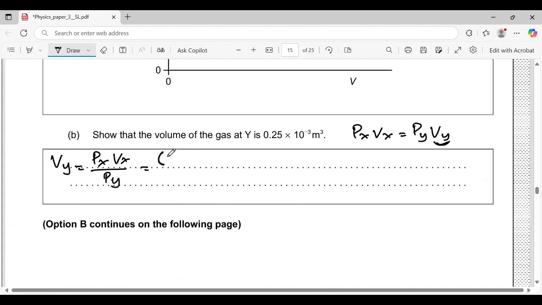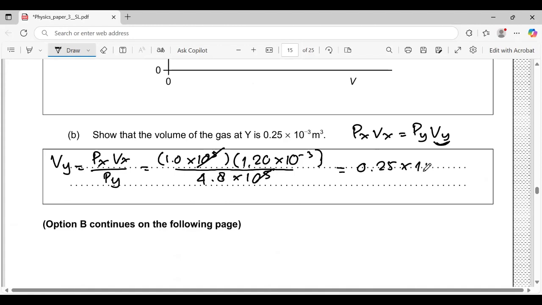It's going to be 1.0 times 10 to the power 5 times 1.20 times 10 to the power minus 3 over the pressure at Y, 4.8 times 10 to the power 5. If you calculate, the result is 0.25 times 10 to the power minus 3 m cubed, because it is volume.